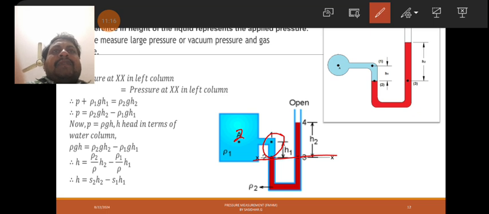H2 is the height of the heavy liquid above the datum line in the right limb. Then ρ1 is the density of the liquid and ρ2 is the density of the heavy liquid.